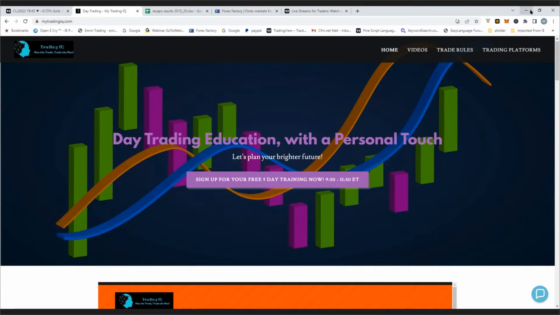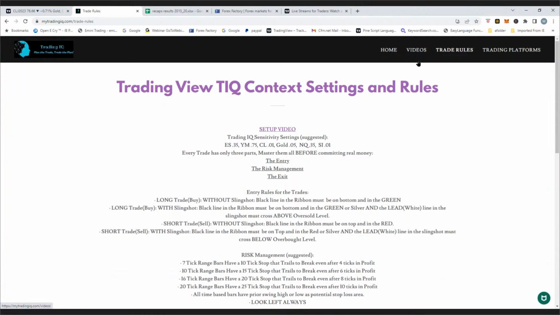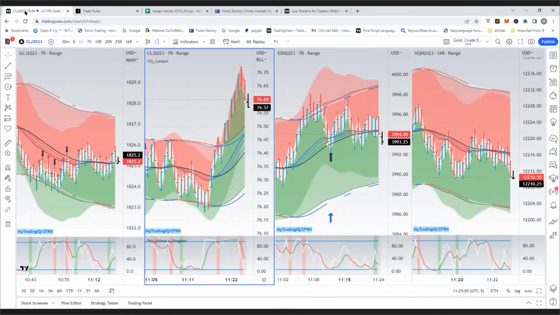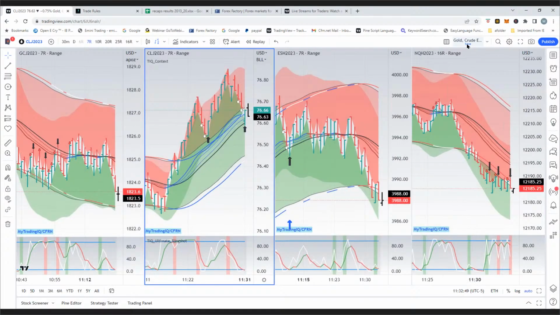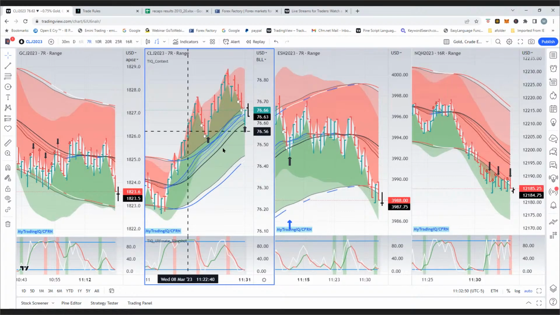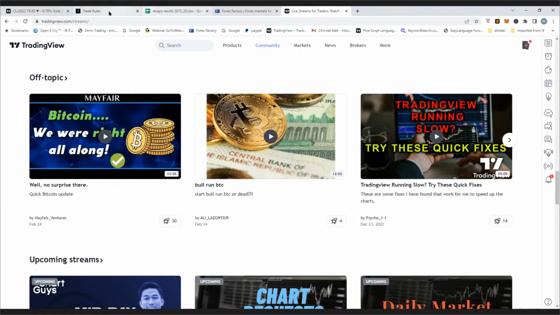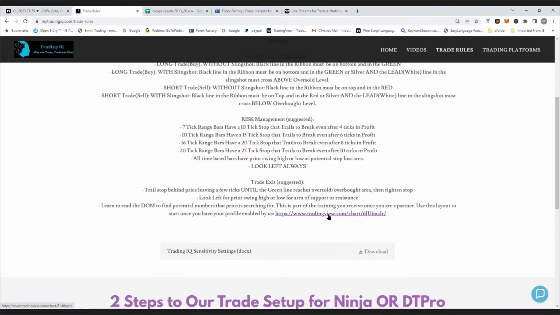All right, that is it, guys. If you have any questions about the trade rules or the settings, it's all right here. Click on trade rules, watch this video. If you want to have your layout, like this one right here, if I hit save on this right now, it's going to show all the marks that I put on it right now. If you click on this layout right here, it's going to bring up exactly what this layout is that I just saved.